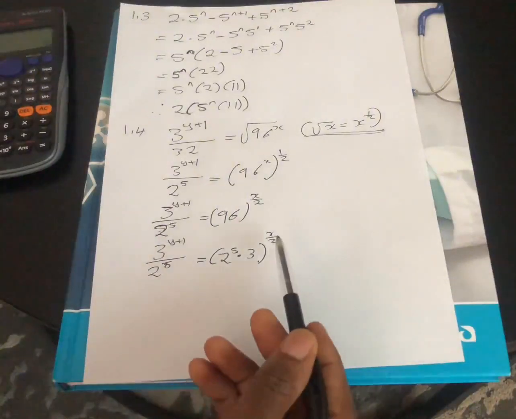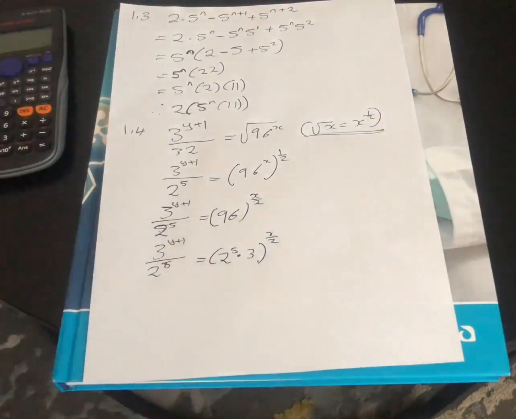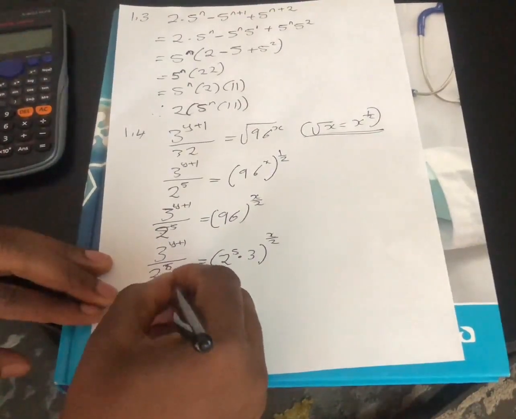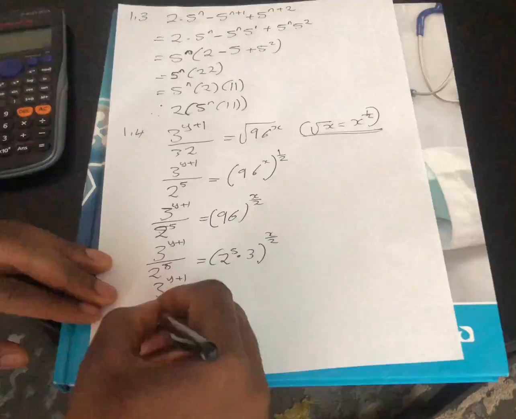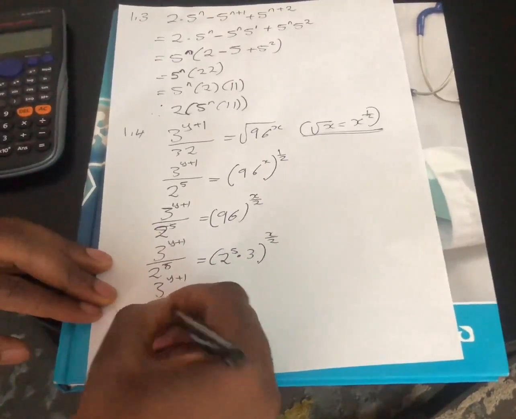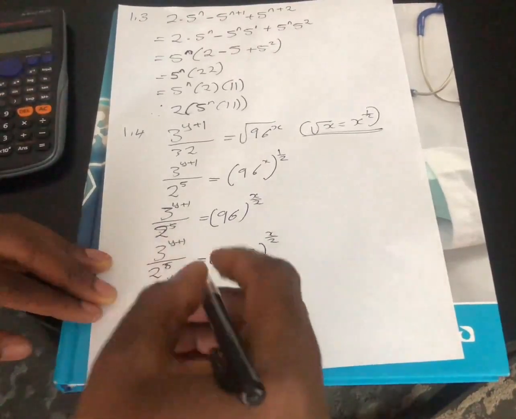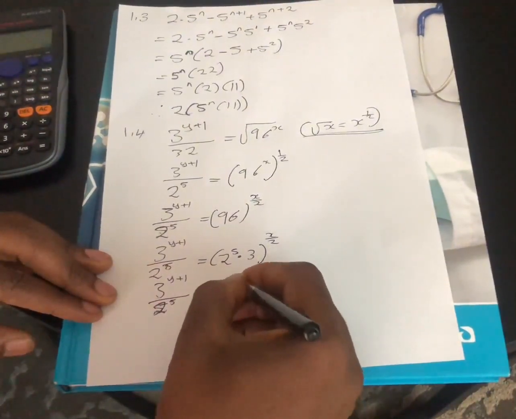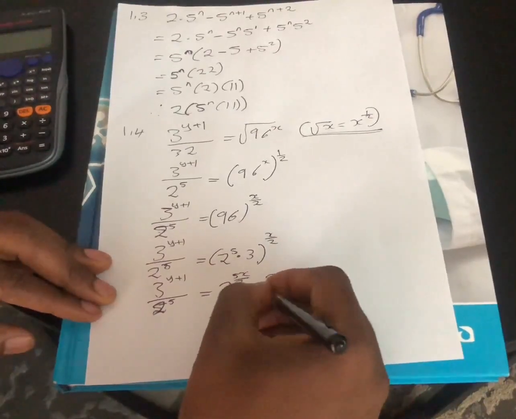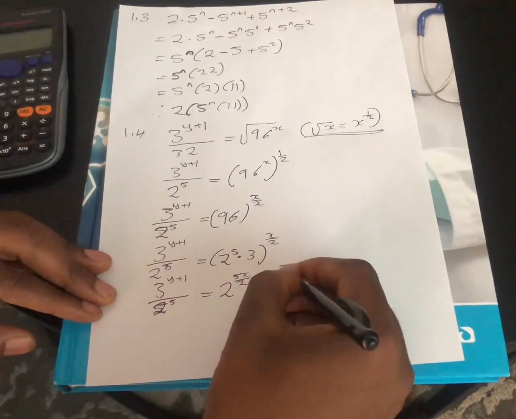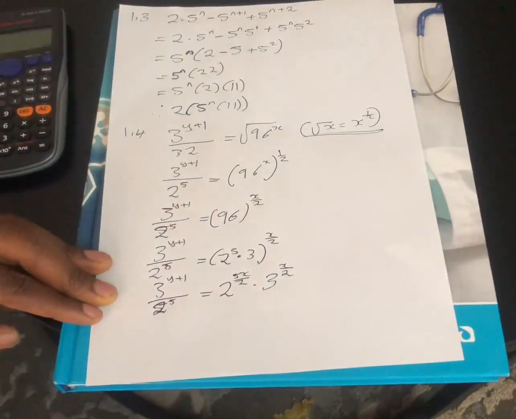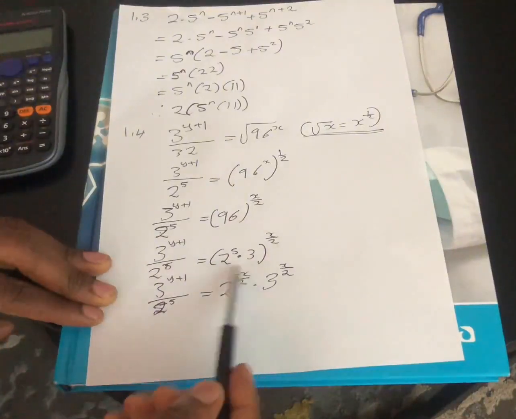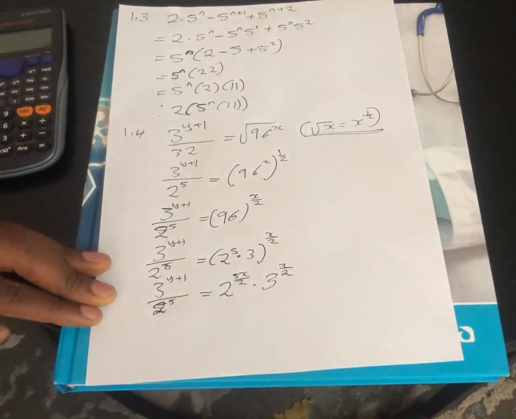So now we are going to distribute this exponent to all the bases inside the brackets. 3 to the power y plus 1 over 2 to the power 5, to the power 5, is equal to 2 to the power 5x over 2 multiplied by 3 to the power x over 2. So we have distributed this exponent to all the bases that were inside the brackets.